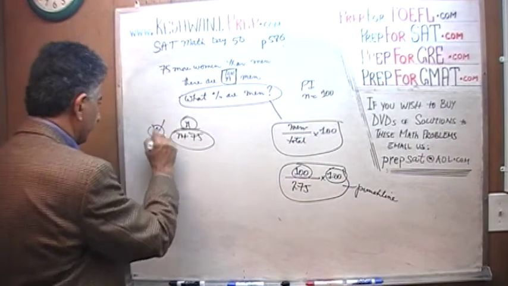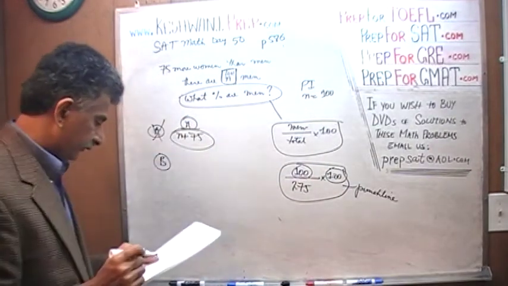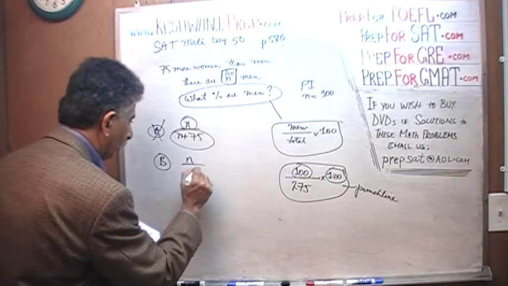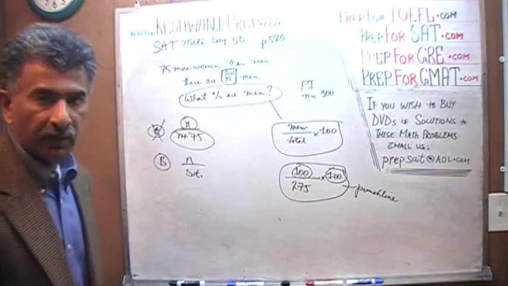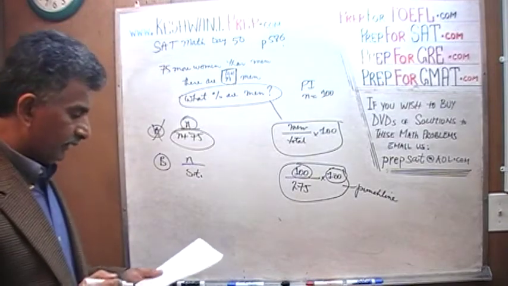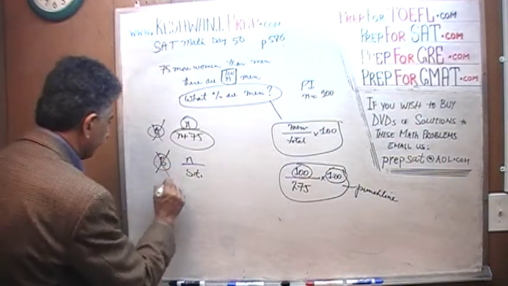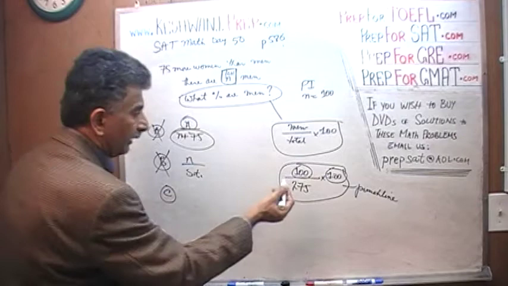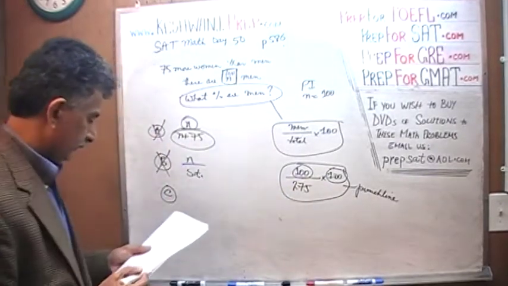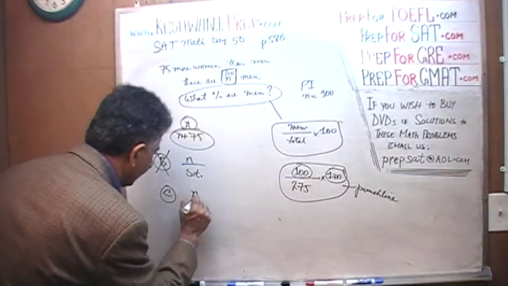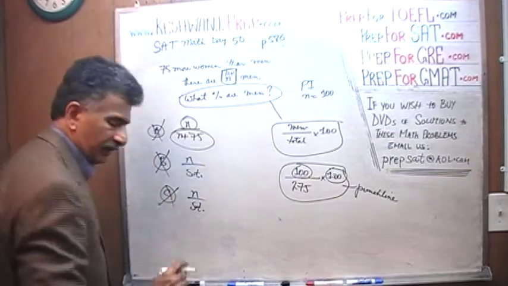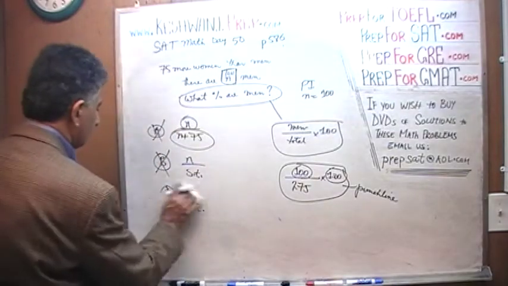A is not the answer. B says, again, n over something. That's not going to do the trick, because we need 100 times 100, not 100. C says, again, n over something. That's not going to do the job. A, B, and C are not the answers.